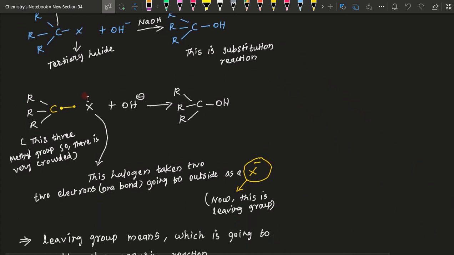See, these 3 methyl groups or this 3R group, there is very crowded.